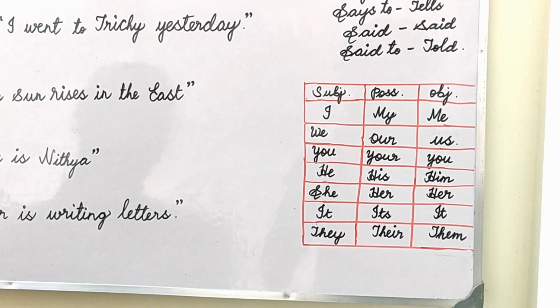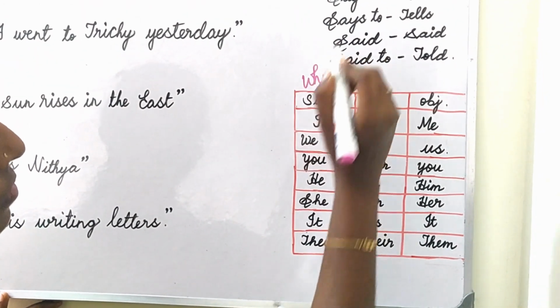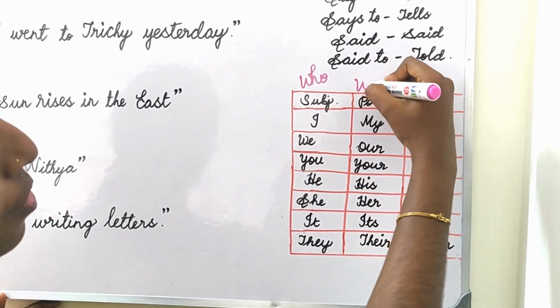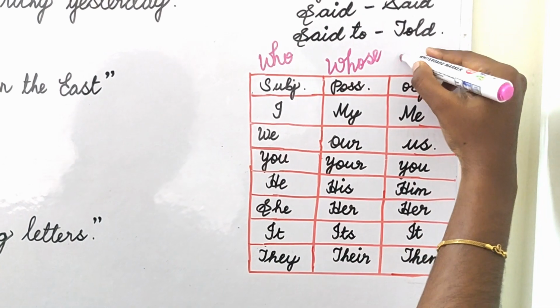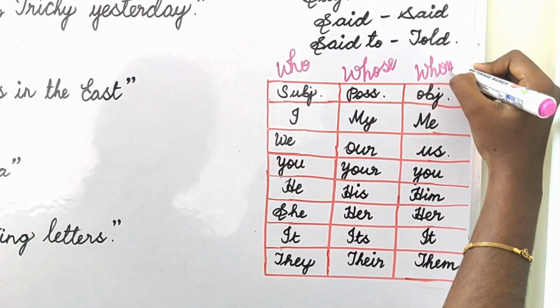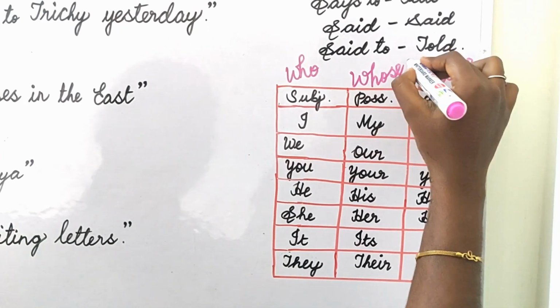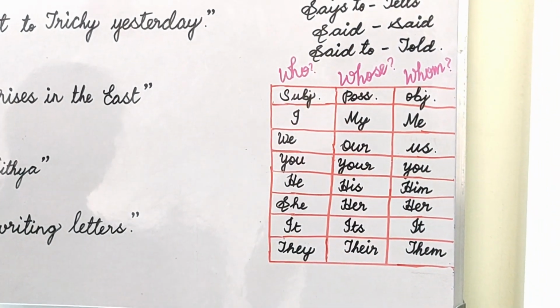Subjective pronouns answer the question who, possessive pronouns answer the question whose, and objective pronouns answer the question whom. So this is a shortcut to know these 3 pronouns.